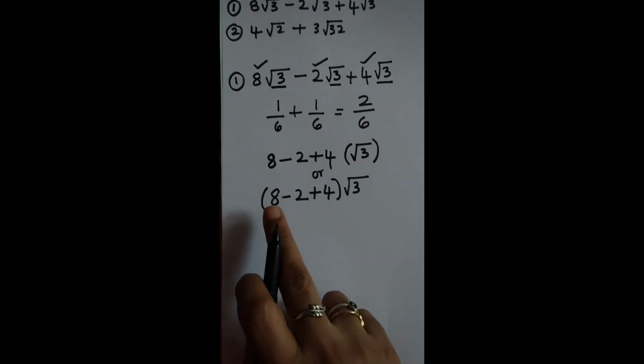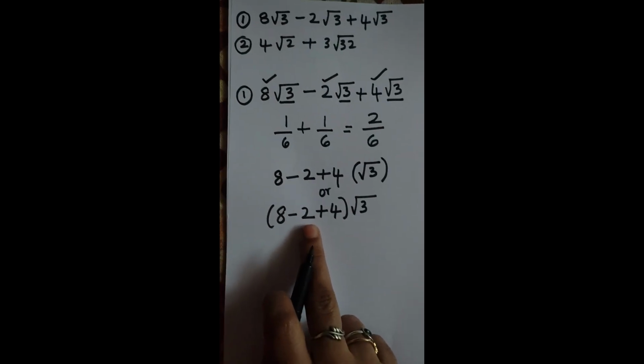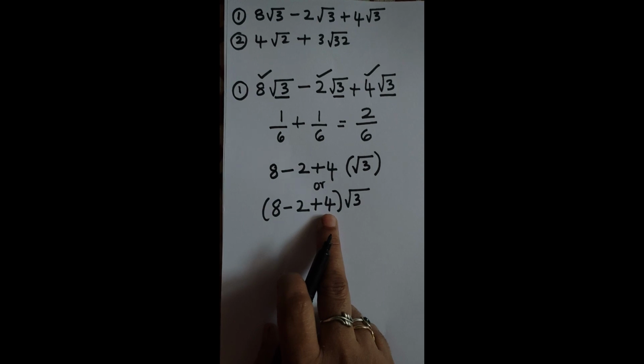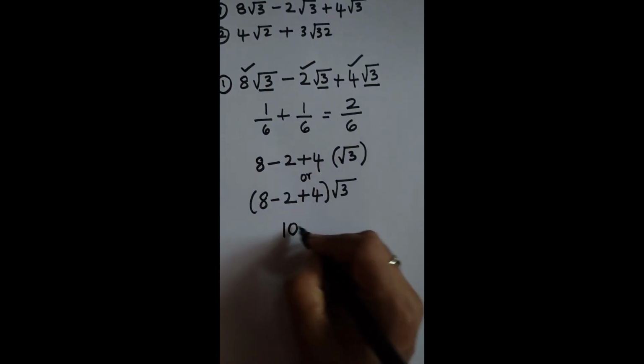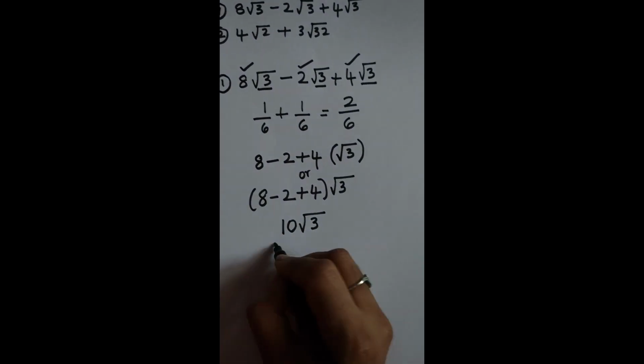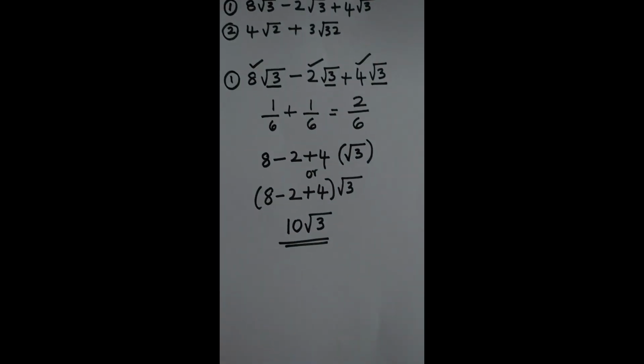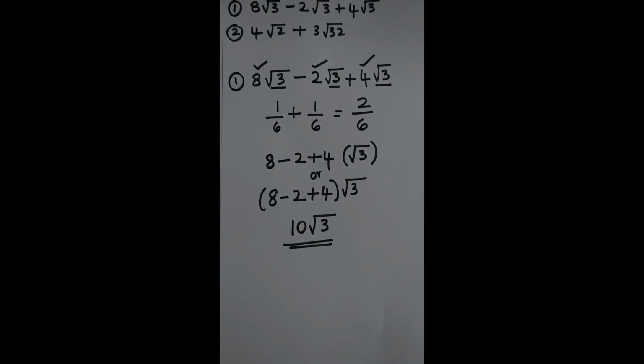Now, what is 8 minus 2? 6. 6 plus 4, 10. Easy one. 10 root 3 is the answer.